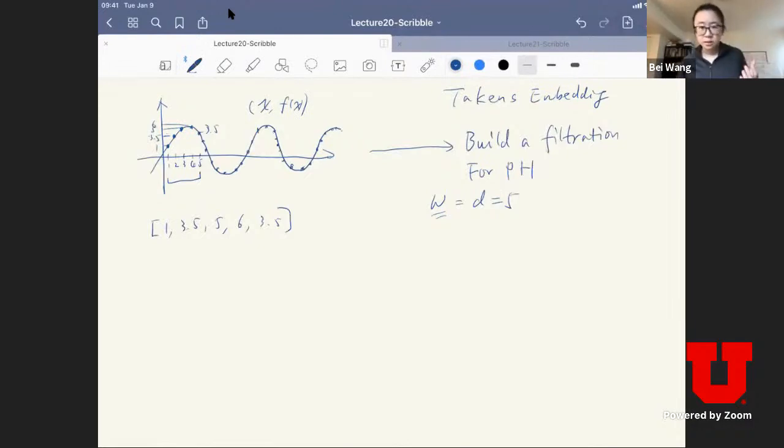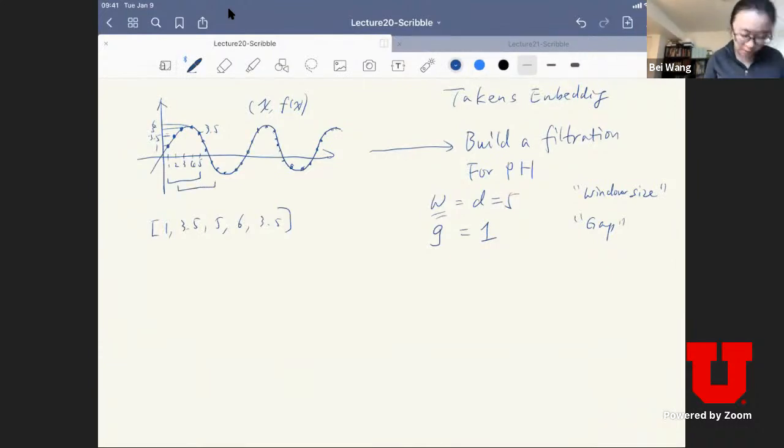And then I also provide, let me use G as the gap parameter. So W is the window size, and G is the gap. The idea is how far I shift between windows to obtain the next embedding. For example, let's say it's equal to 1. So I basically shift my window by 1.